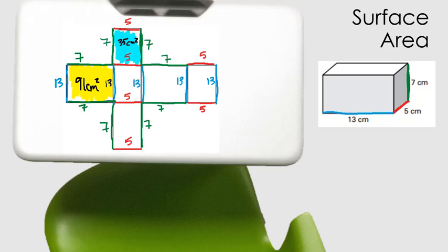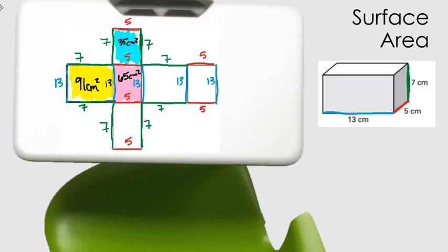And now the last one that we have to do is the 5 by 13 rectangle. I'm going to multiply 5 times 13. So this is 65 centimeters squared.